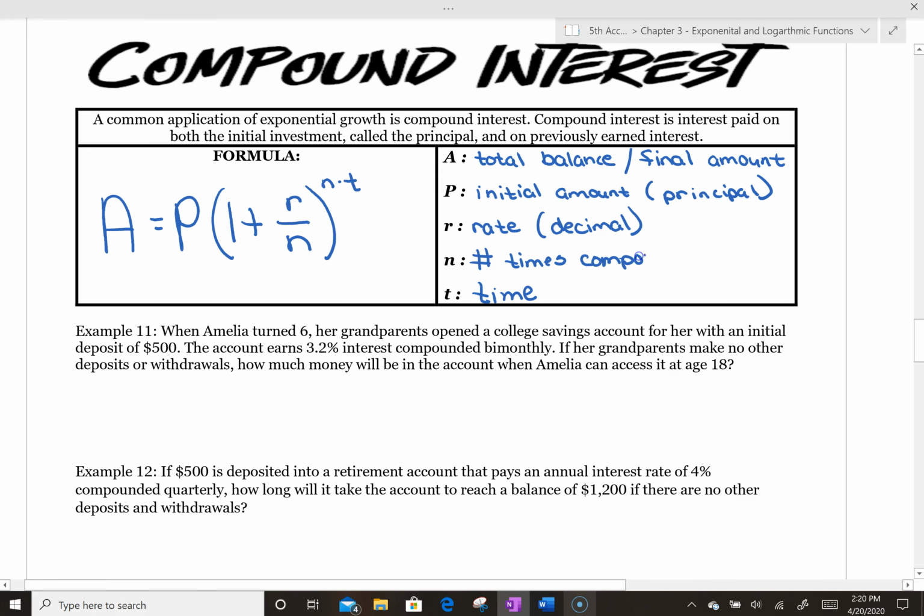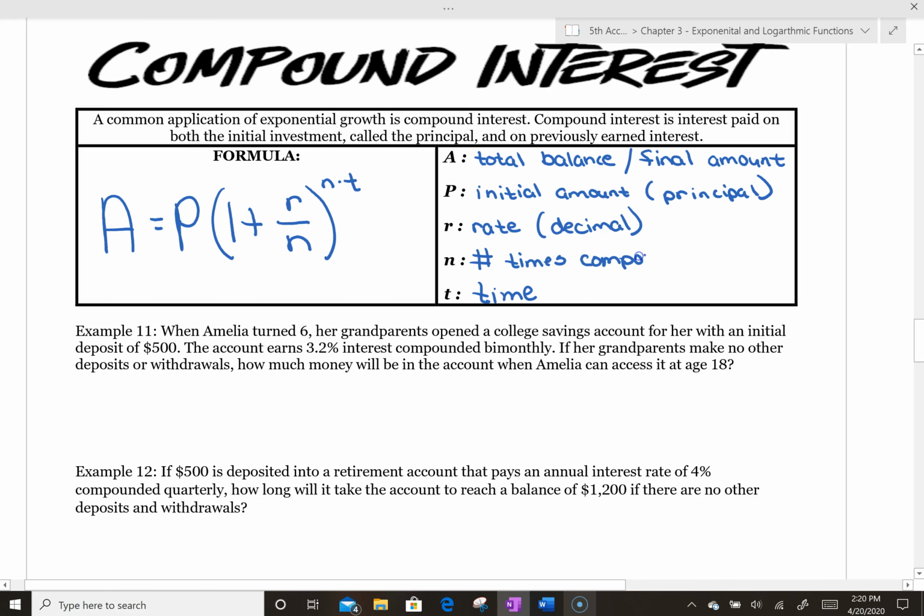So that means we are looking for A. So this is where you will have to very carefully type this into your calculator to figure it out. So that would be $733.88 because they didn't add any extra money into it or take anything out.